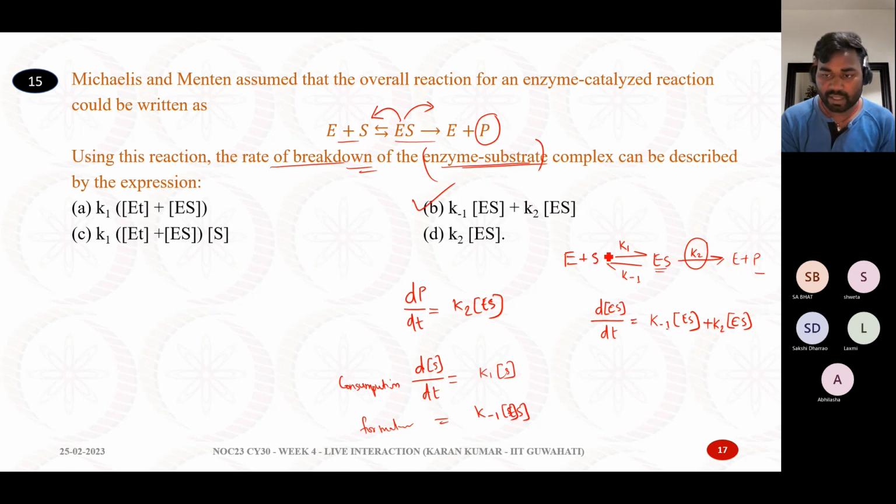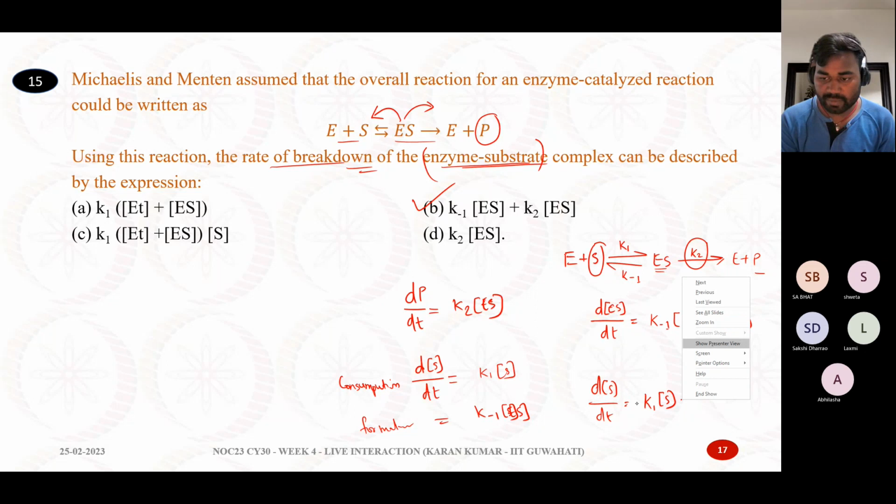And then if you are talking about the change in S concentration, it will be K1 S. And for formation, this is minus K1 S because this is consumption, right?